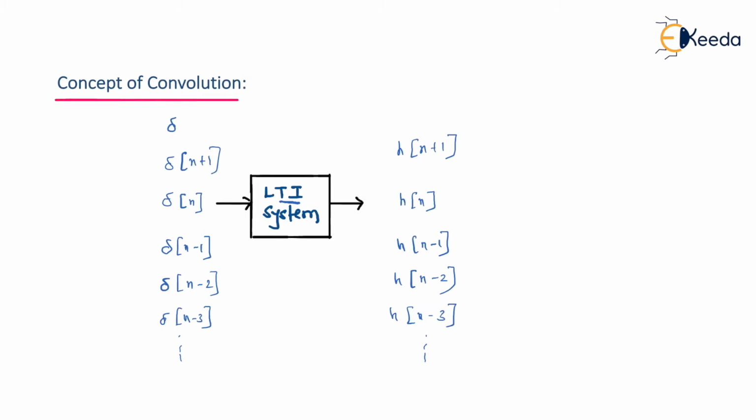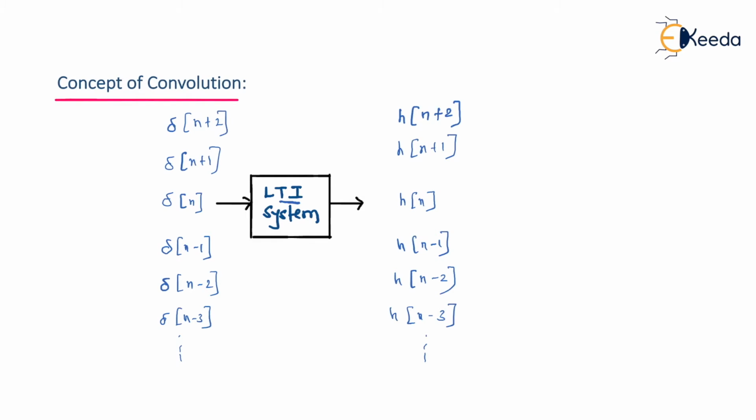Similarly, if you apply an input as del of n plus 2, then the output also gets advanced by 2. So this is the same LTI system for which I have applied a different set of impulse inputs, for which I got a different set of impulse responses.